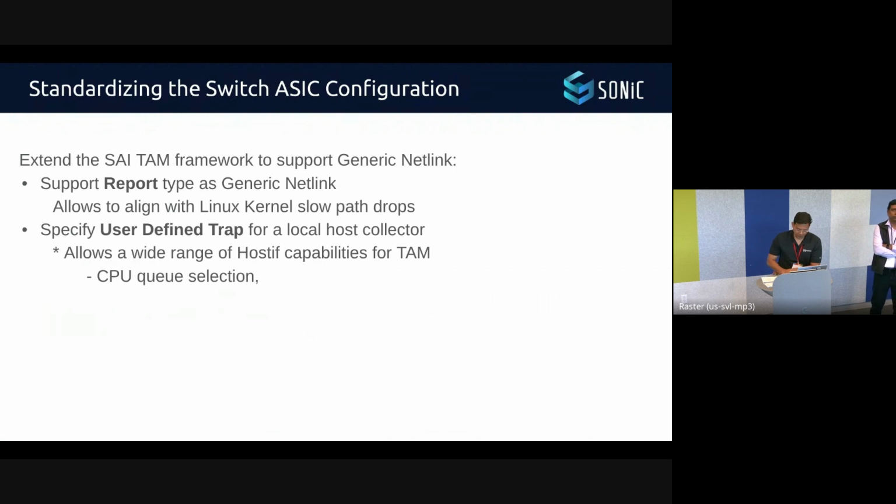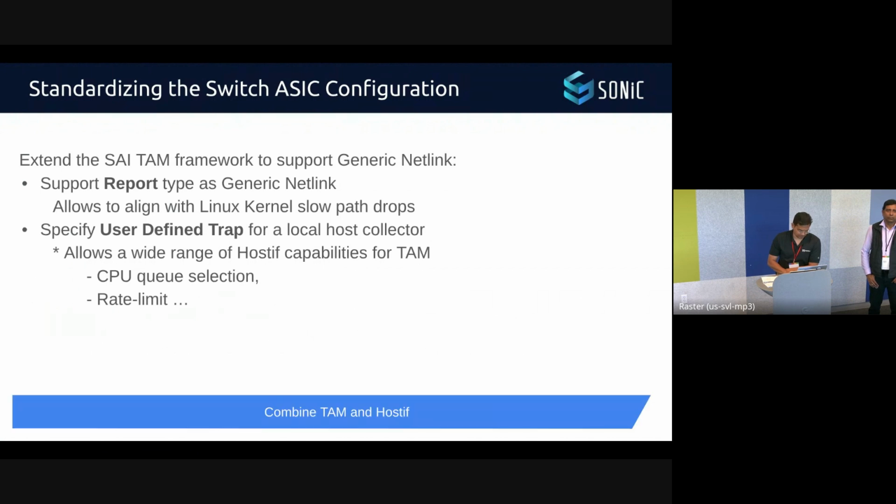Like you can do CPU queue selection, rate limit specific kinds of flows, and all this can be done. So we allowed the SAI TAM framework to reuse this host interface framework. So combining this TAM and host interface allowed us to do all this with minimal changes to the SAI framework. And the previous talk, about high frequency telemetry, also reuses some of the capability we introduced here.